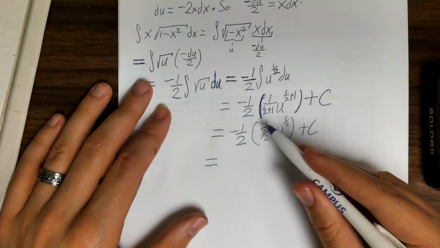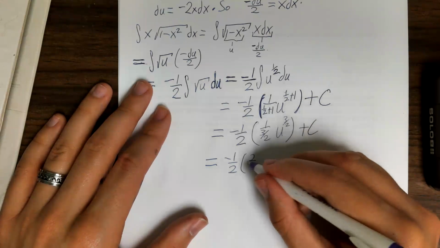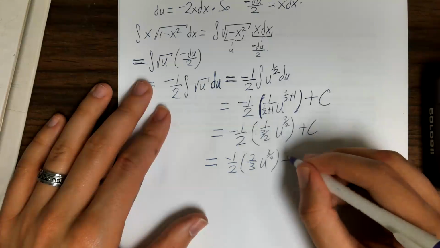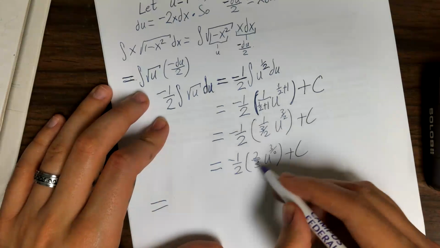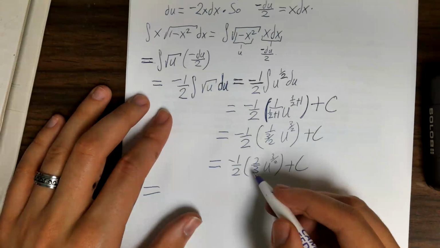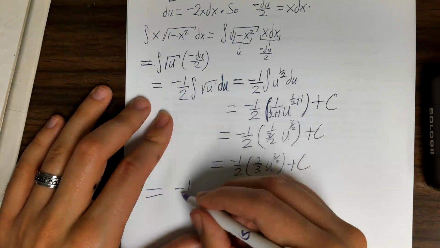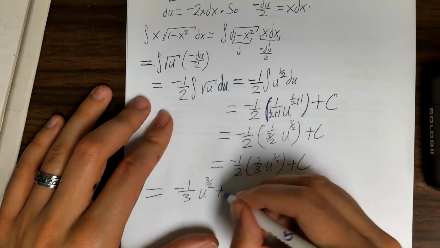But if I just flip the reciprocal, this is now a negative 1/2 times 2/3 u to the 3/2 plus c. So finally, when I do my multiplication here, what I'm going to get is a negative 1/3 u to the 3/2 plus c.